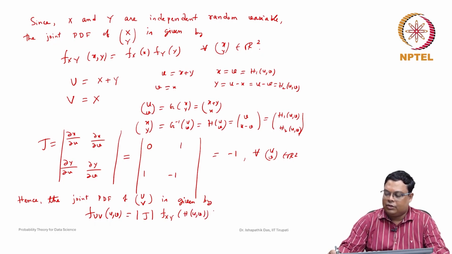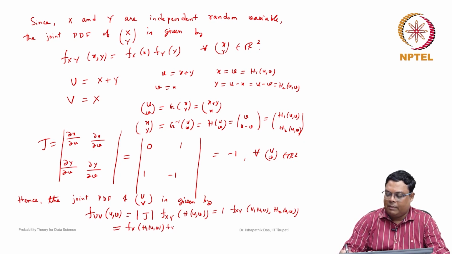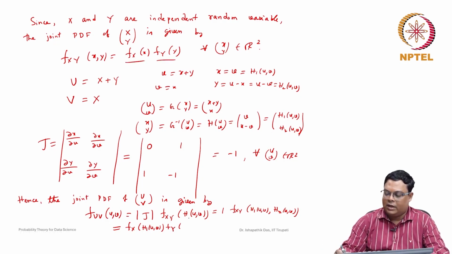Because the absolute value of the Jacobian is 1, and f of (x, y) is f of (h1 of (u, v), h2 of (u, v)), and because x and y are independent, this will be equal to fx of h1 of (u, v) times fy of h2 of (u, v).